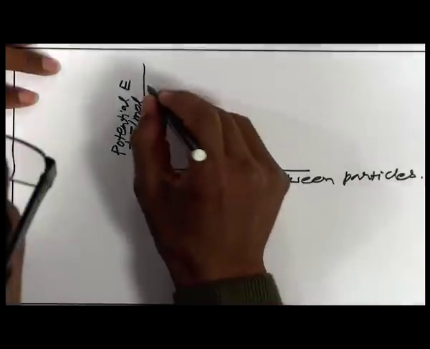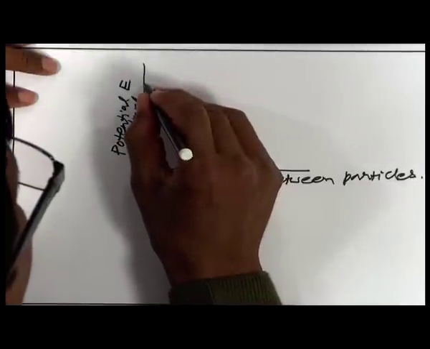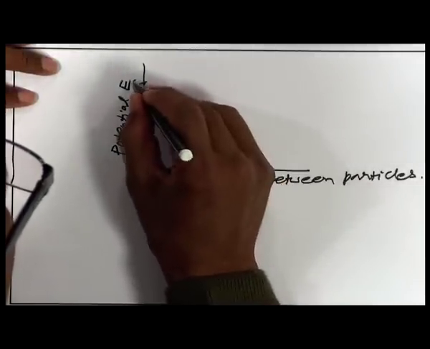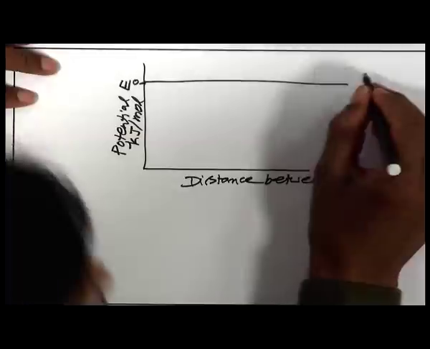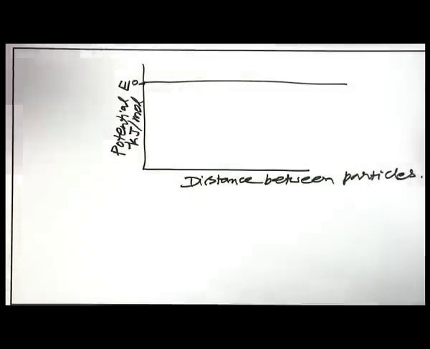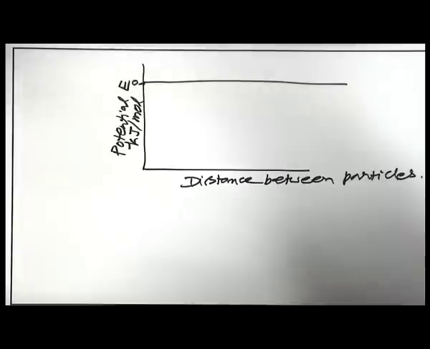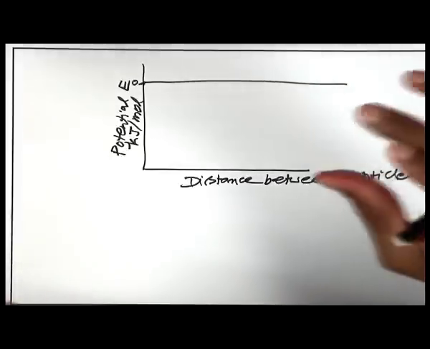Now, say this is where the energy is 0, and the particles are far away at one time. There are two particles: here is particle A, whose charge is positive, and here is particle B, whose charge is negative, and they approach each other.